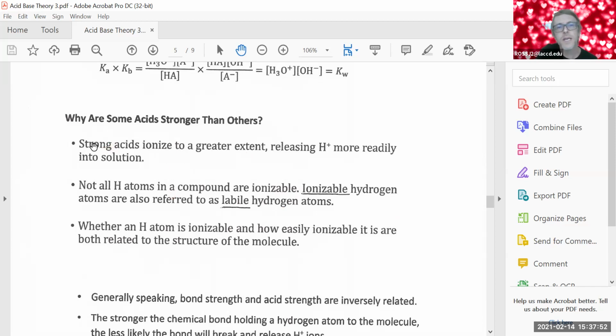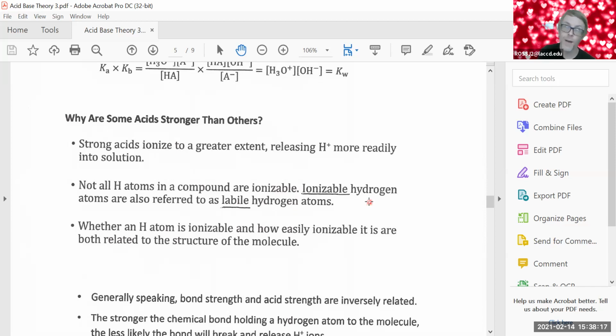So we've already seen that strong acids ionize completely and therefore generate a higher concentration of protons, which generates a higher concentration of hydronium. Well, if you release more protons, you must have more ionizable protons. That means you must have more labile or more active hydrogen atoms.